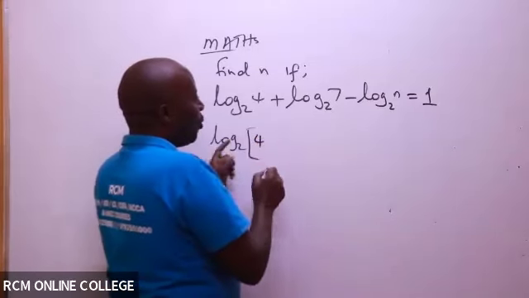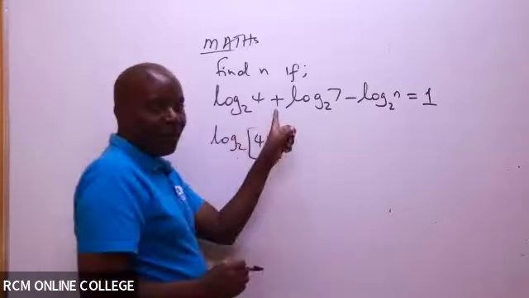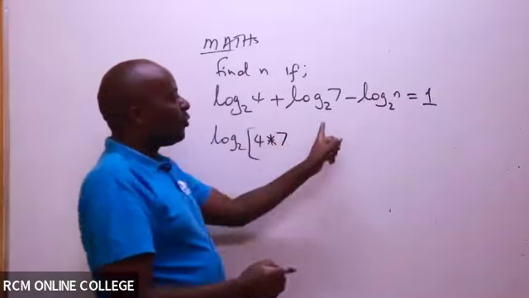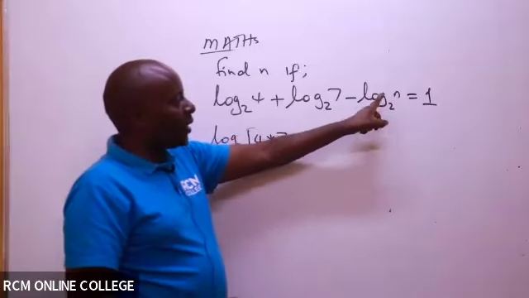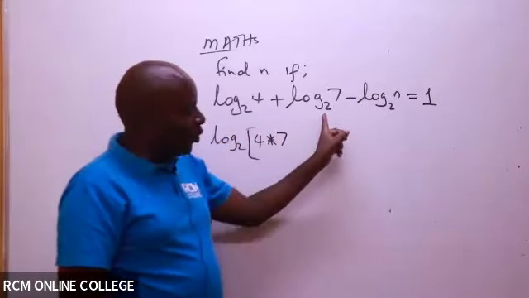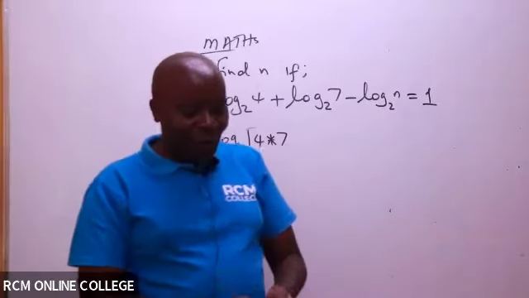I will have here 4 because I'm factoring out. So this plus now becomes what here? Times. Plus becomes times 7. And then, of course, we have this one, because of the minus. What do I do? Because of the minus, what do I do here? No, they're not talking to me. They have to talk to me.